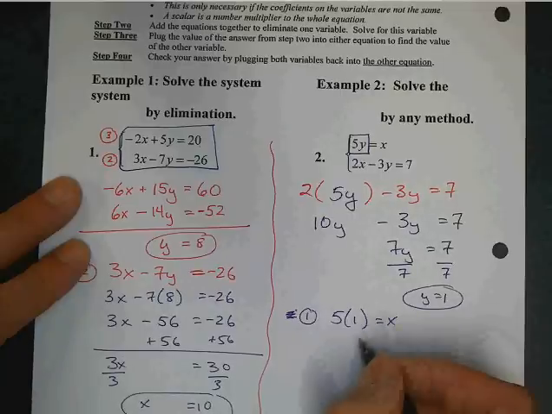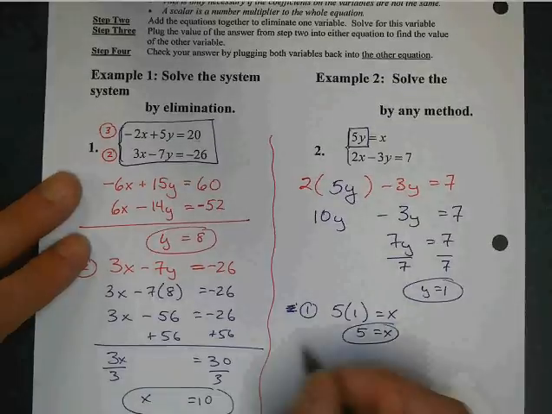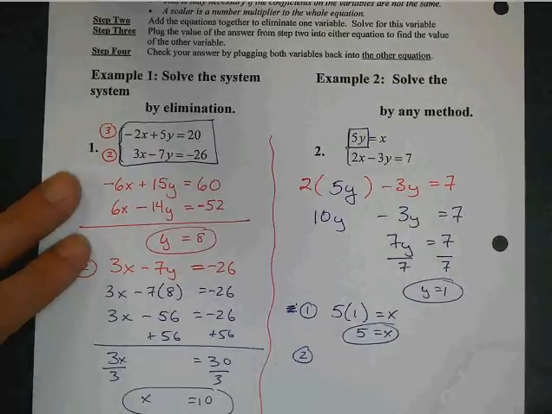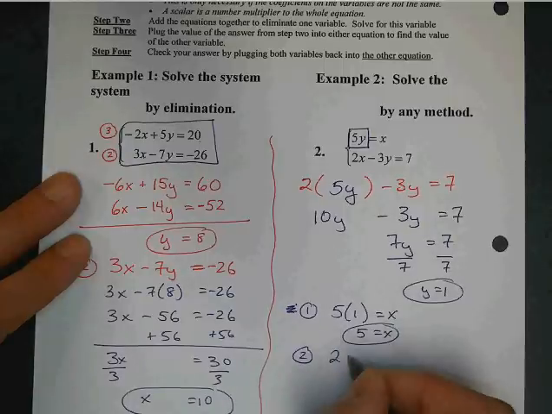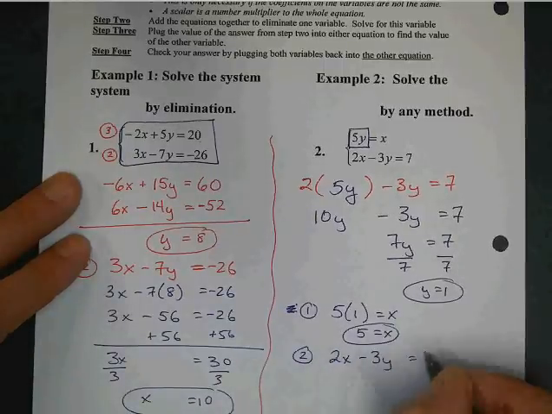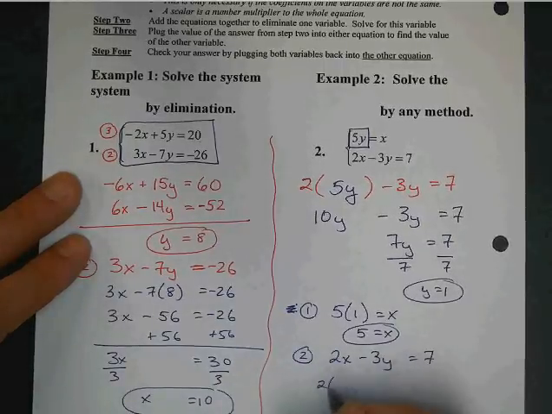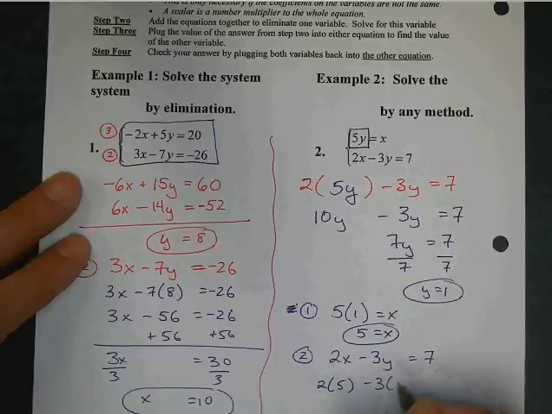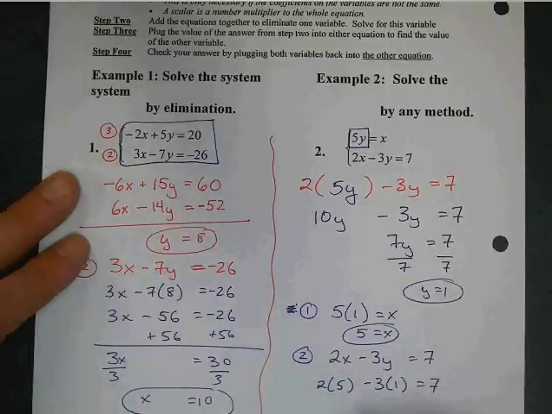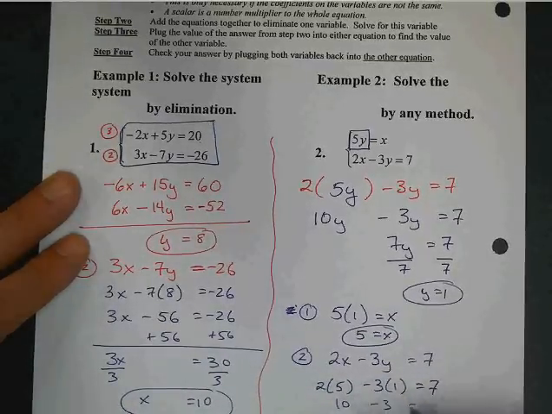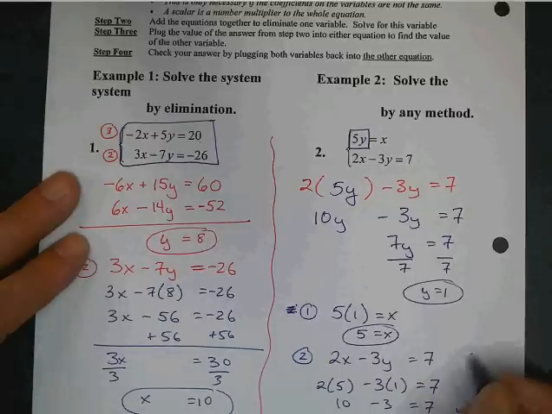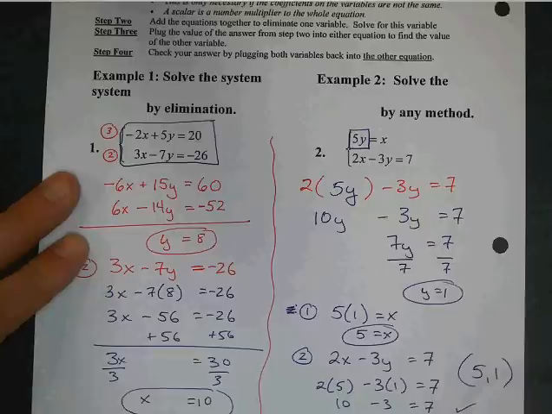Good. I'd go to that first one just because it's easier. Good call. And then you're going to check it with the second one, right? So 2x minus 3y equals 7. 2 times 5 minus 3 times 1 is 10 minus 3, 7. Obviously, yes. So your answer is 5, 1.